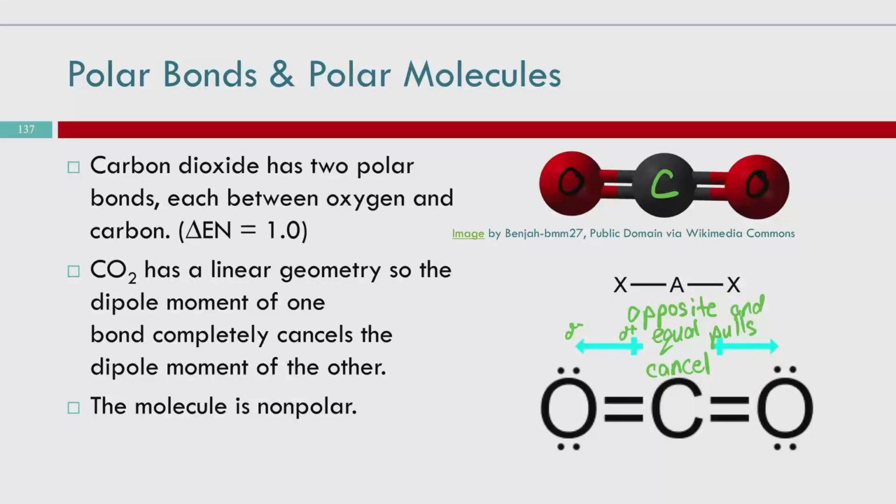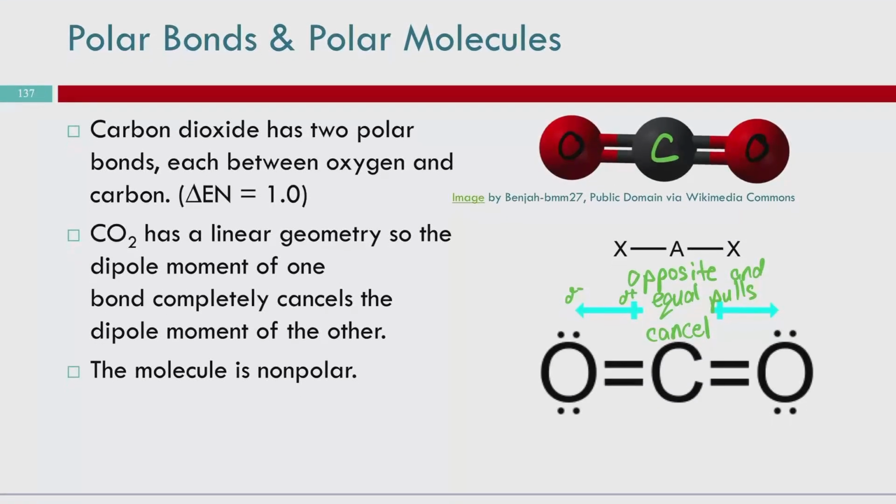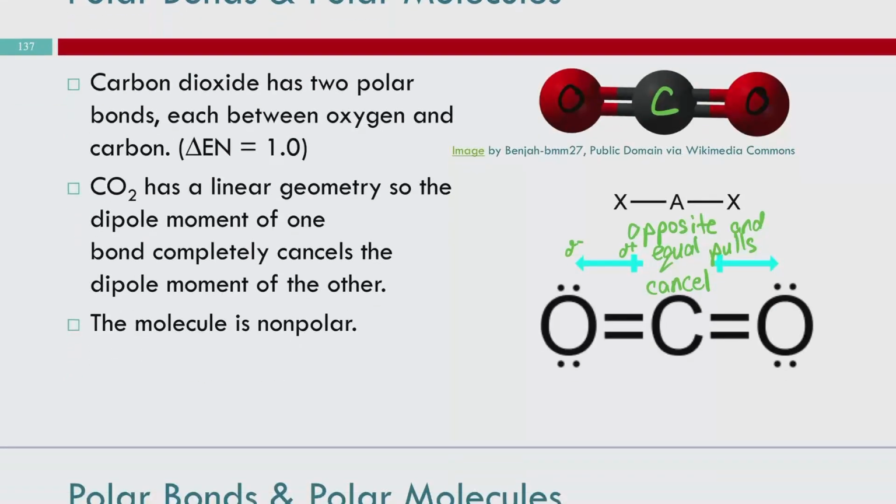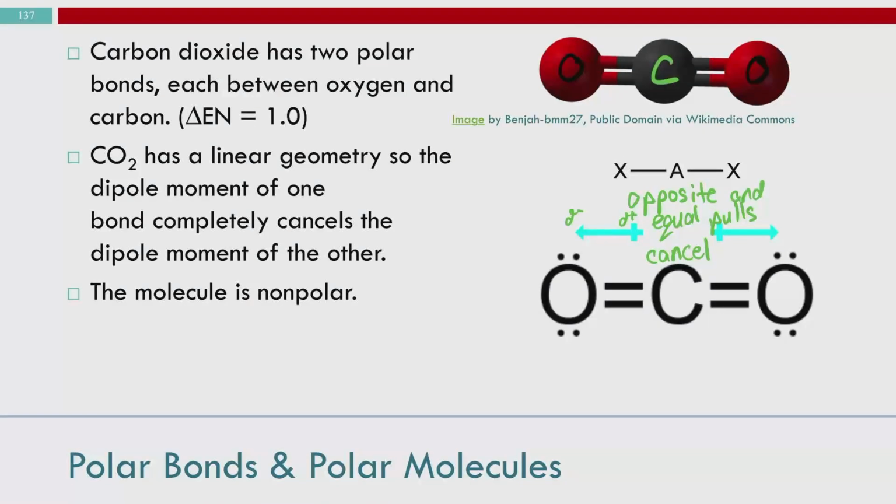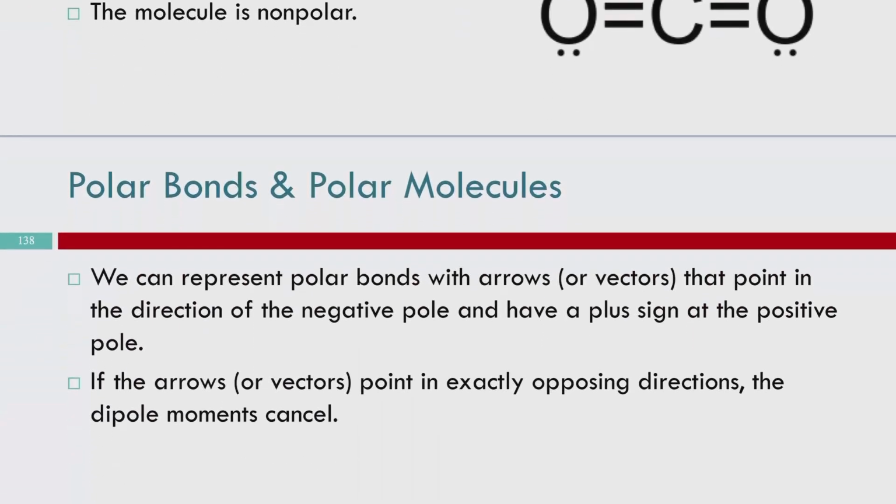So this is saying that the oxygens are pulling in both directions. Questions about that? So that's our simplest shape. But remember, we have other shapes. We've got 4 other shapes. So this molecule is nonpolar because the poles cancel each other out.